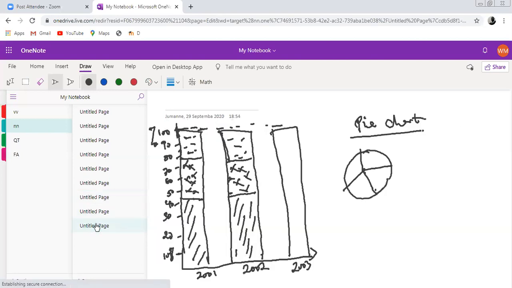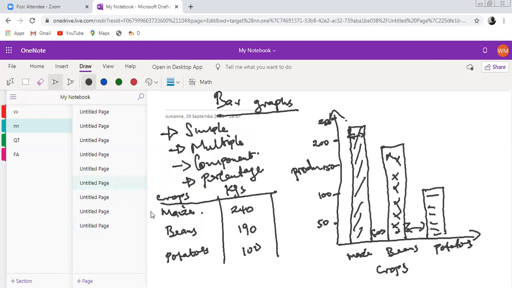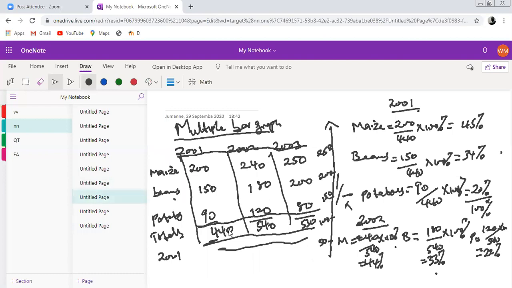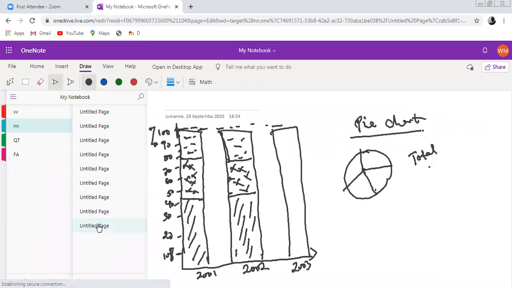Then we need first of all to add all those totals, get the total. Can somebody add all of them first of all, so that it can be easier for us? 440 plus 540 plus 530. 1010. So the total here is 1010.